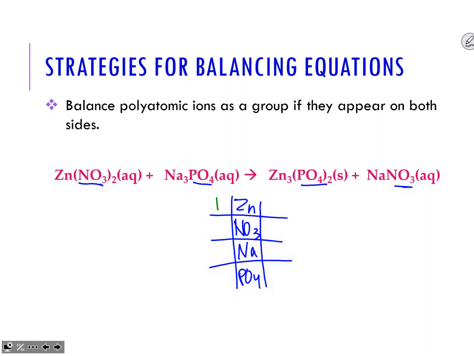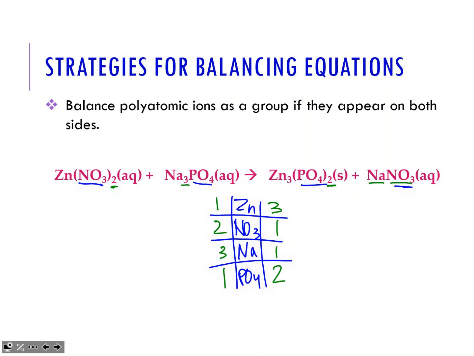We have 1 zinc over here, we have 2 nitrates. We have 3 sodiums, and there's no parentheses around the phosphate, so that's an understood 1. If there were more phosphates, you'd have parentheses with a number outside it, like it does here for the nitrates, okay? On the product side, we have 3 zinc, 2 phosphates, 1 sodium, 1 nitrate.